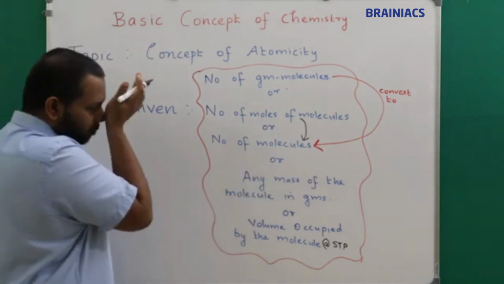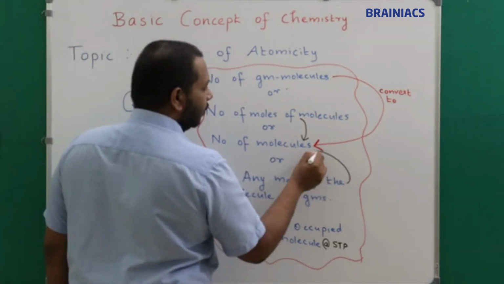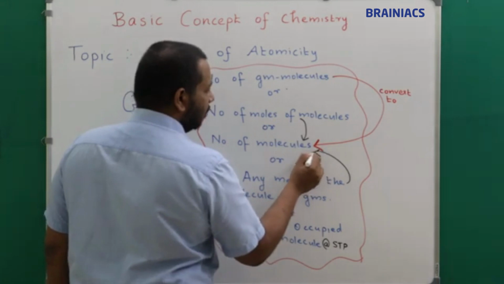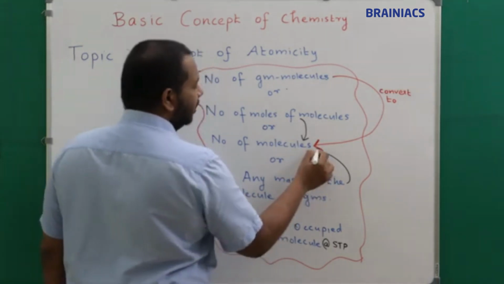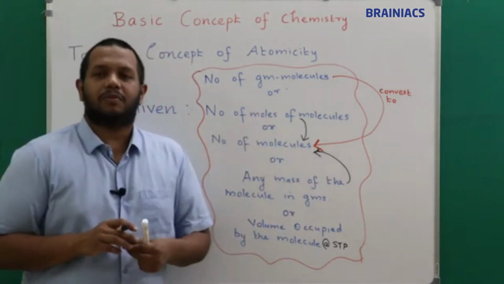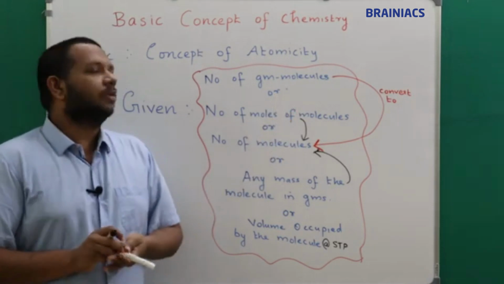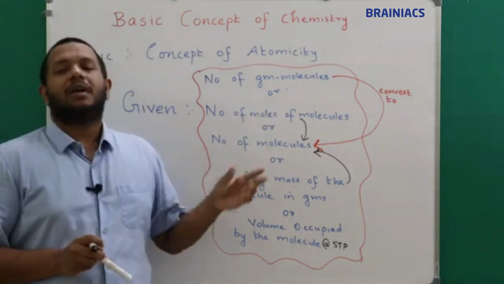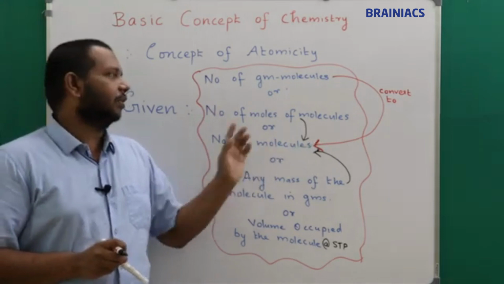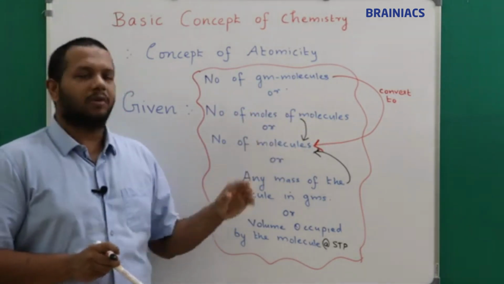If they are giving any mass of the molecule in grams, then also convert that to number of molecules. Okay, now please don't ask me, sir, how to convert. I hope you are remembering. If they are giving number of moles of molecules, how to convert it into number of molecules, because we know the basic relationship between number of moles of molecules and number of molecules. One mole of a particular molecule will have how many molecules?